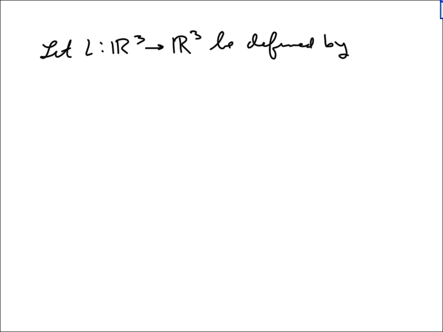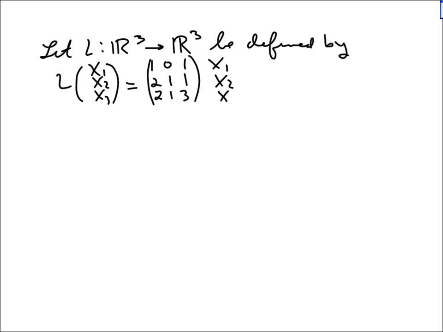Okay. Let us consider this next one. Let L, the mapping from R3 to R3, be defined by L of something in R3, call it x1, x2, x3, equal to 1, 0, 1, 2, 1, 1, 2, 1, 3 times x1, x2, x3.